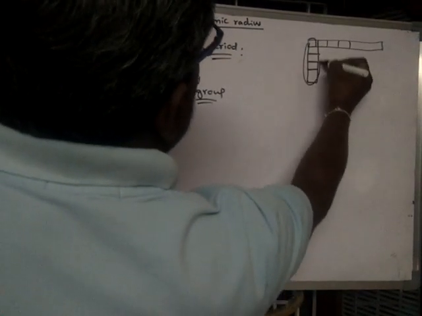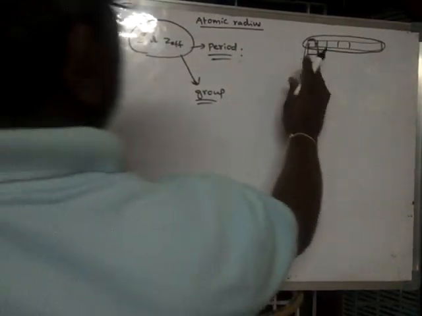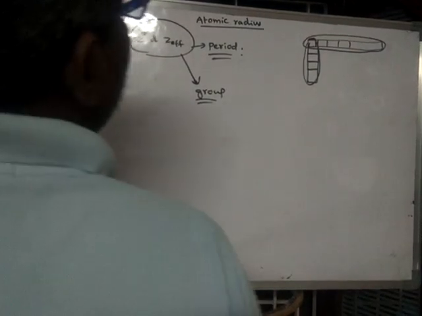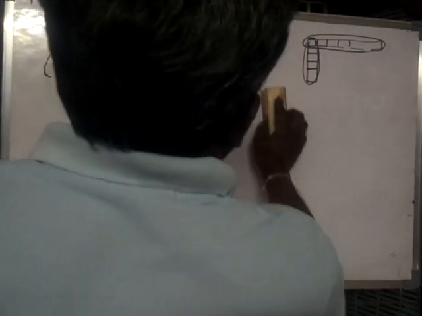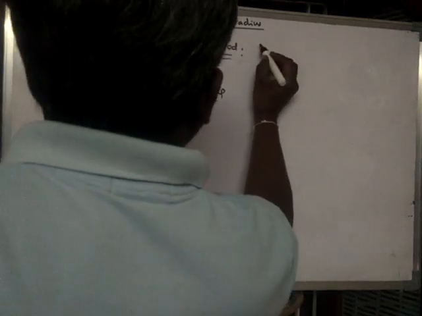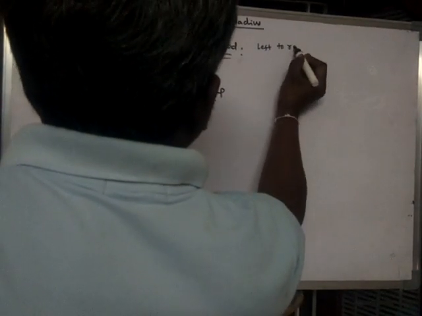This is group-wise and this is period-wise. Remember that always period means from left to right.